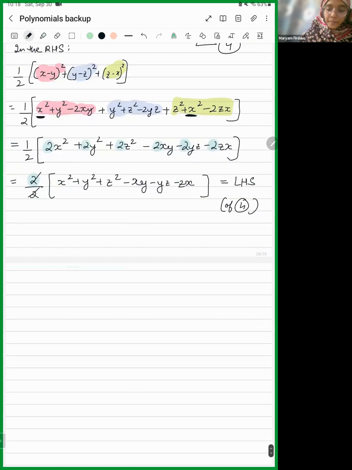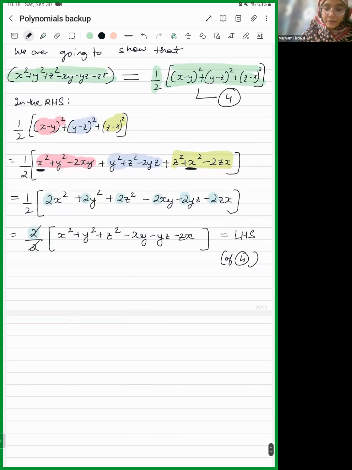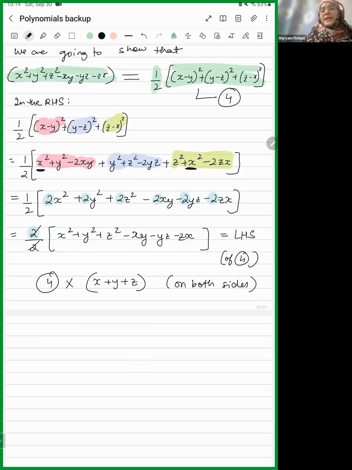Let's do one more thing. So let's multiply the 4th equation, this one, which we have just shown, with x plus y plus z. This way it will be more clear for you guys. We are multiplying it with x plus y plus z on both sides of the equation. Obviously, not on one side, because when you're multiplying an equation with something, then it obviously has to be on both sides so that it will balance the equation.